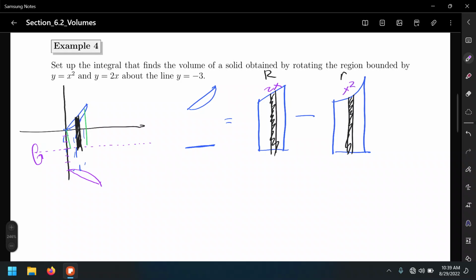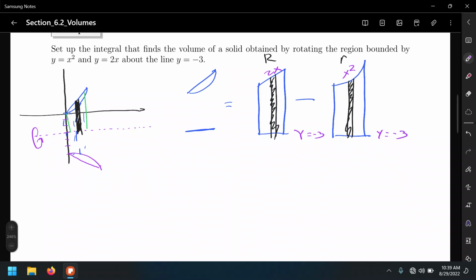And the bottom part, it's actually the function that defines the axis of revolution, which in this case is y equals -3. Okay, so this is what we are going to do.